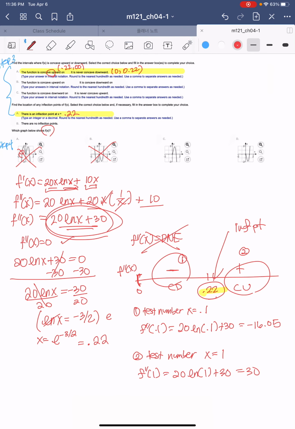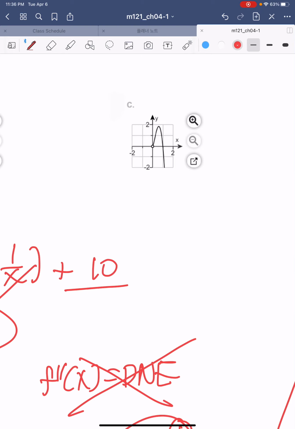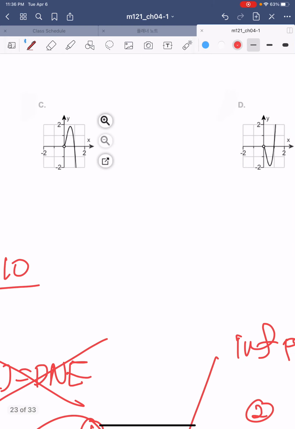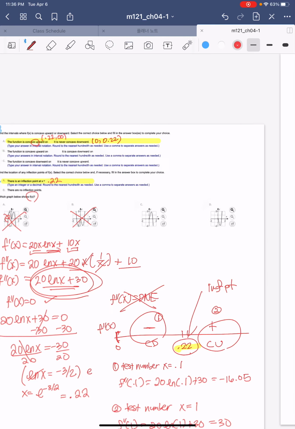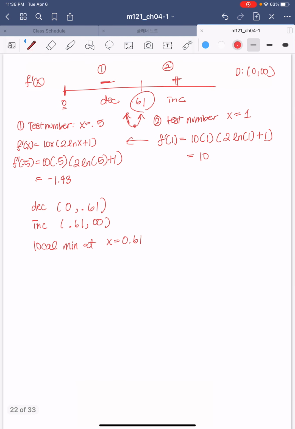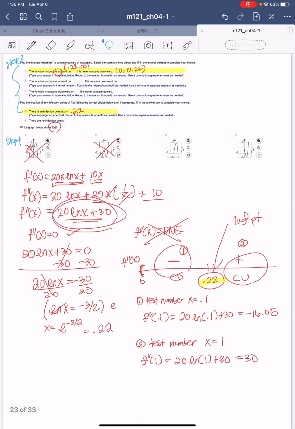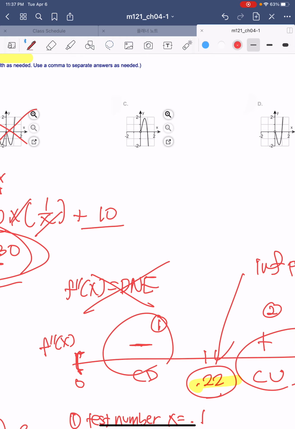Now, you know that 0.22, let me use the one that we found, and compare with this. 0.61 is right over here.